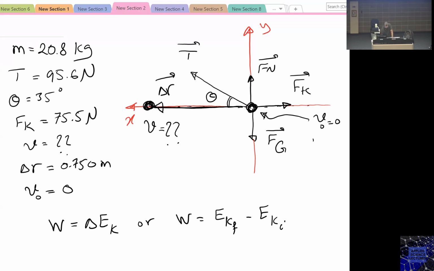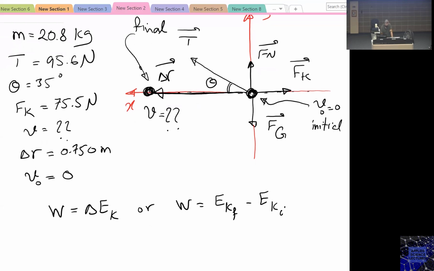So this moment is the initial, and this one is the final. The initial has a speed of 0, which means that the kinetic energy at the initial is 0. Why? Because I know the kinetic energy is half mv squared. If the speed is 0, then the kinetic energy is 0.